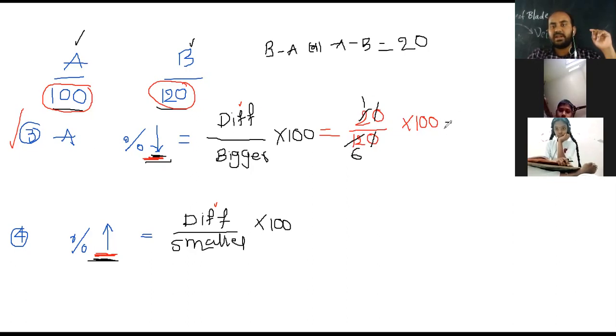Now here it is 1 by 6 into 100. What is the important percentage value of 1 by 6? Turn the paper and tell me. Ramakrishna, what is the important percentage value?